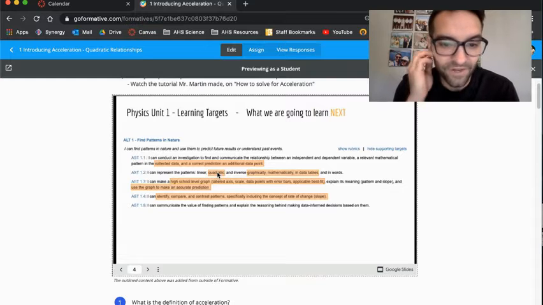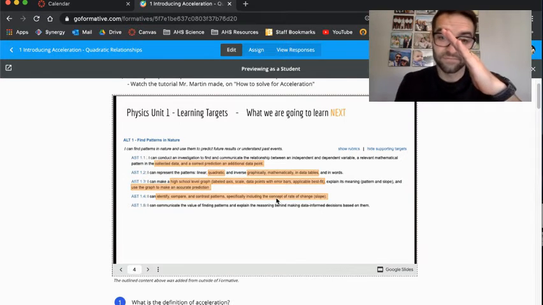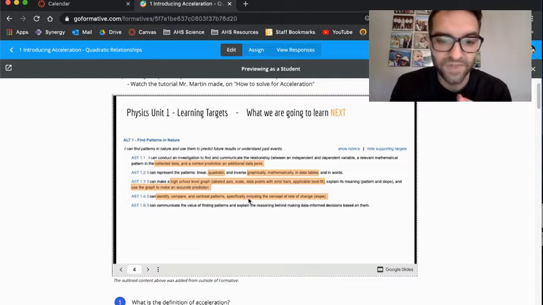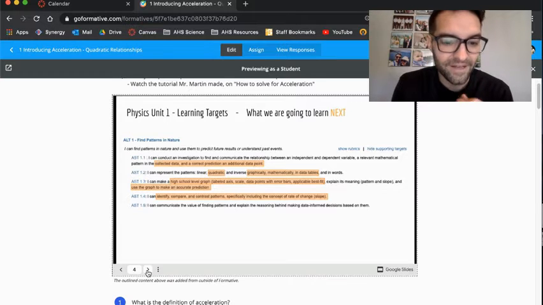So now we're moving on to this quadratic, and we're going to be looking to identify, compare, and contrast the patterns with this concept of rate of change, which is when we were looking at our linear model, and now we're going to be introducing the quadratic model and how that represents motion. So again, straight from the learning target, this is what we're covering. It's a lot, but you're doing fantastic, so keep up the good work.